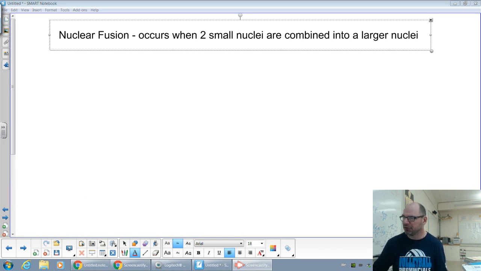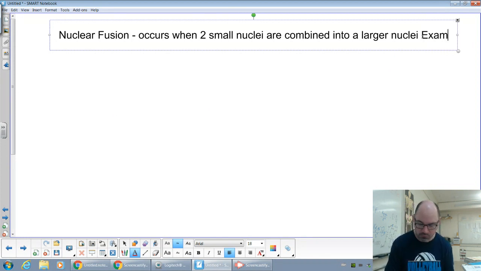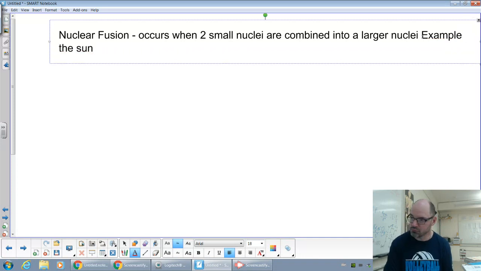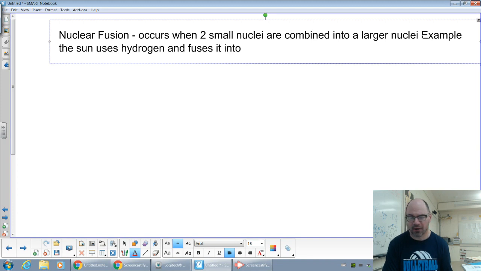So an example of this, the fusion of hydrogen in the sun, and fuses it into helium. Okay, so what does that look like in a nuclear reaction?